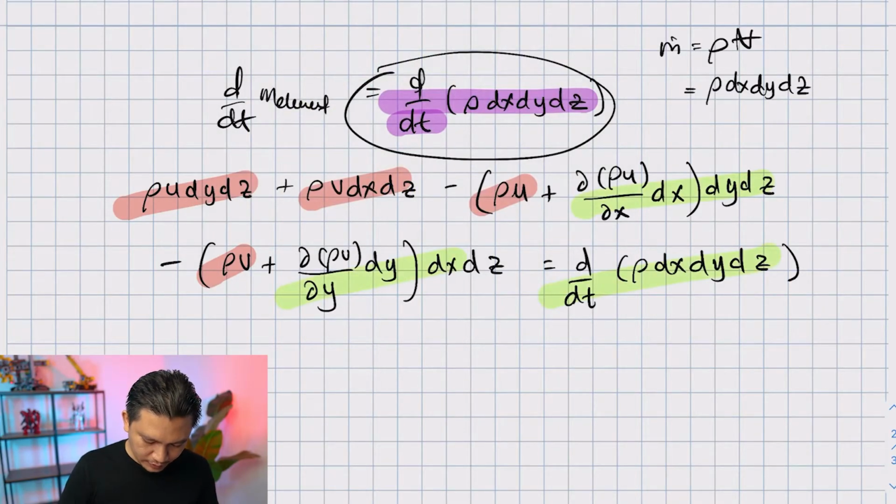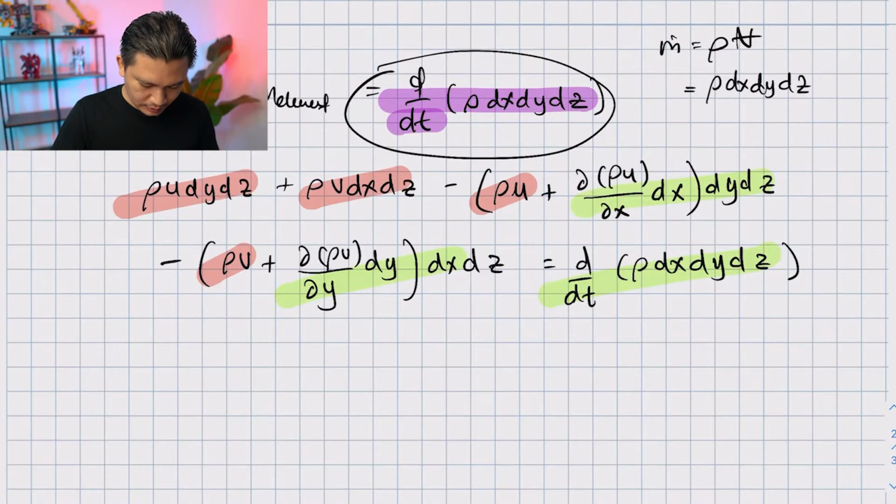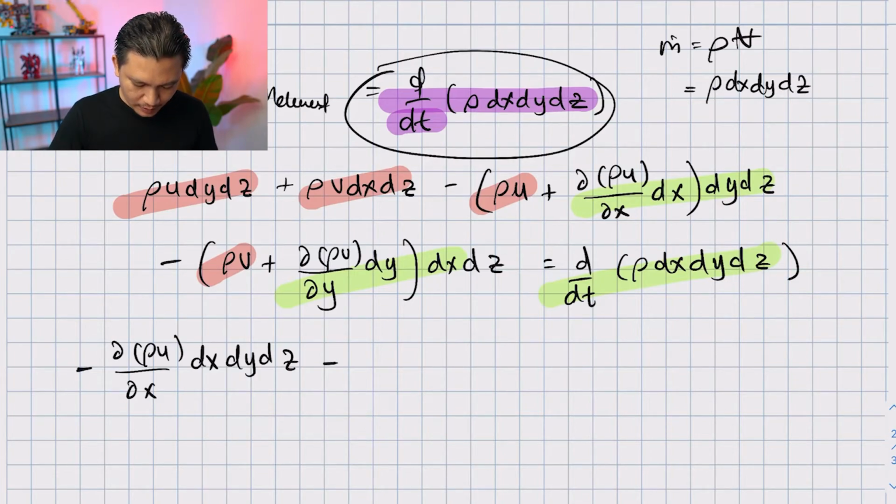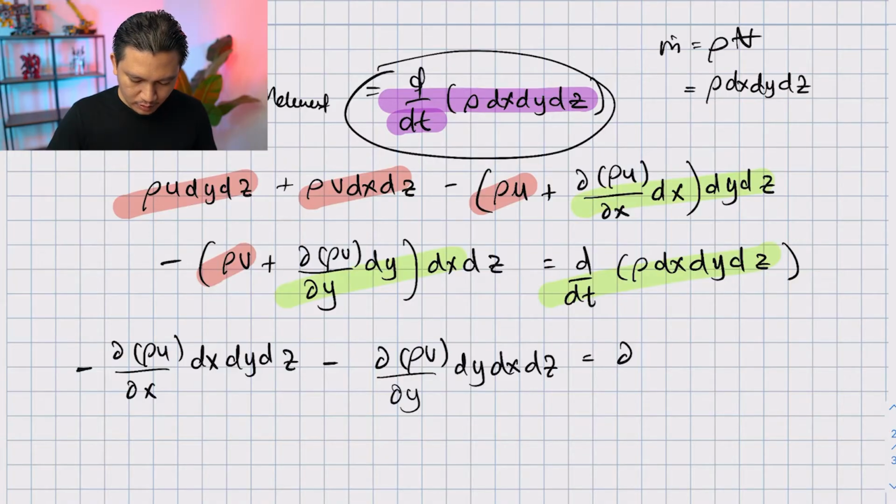Okay, now let's write it. So this will be del rho u over del x times dx times dy times dz. There's a minus sign in front, minus del rho v over del y times dy dx dz equal to del over del t rho dx dy dz.